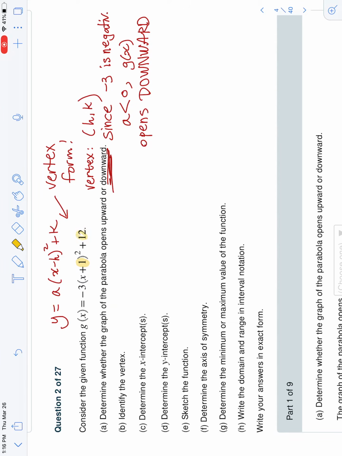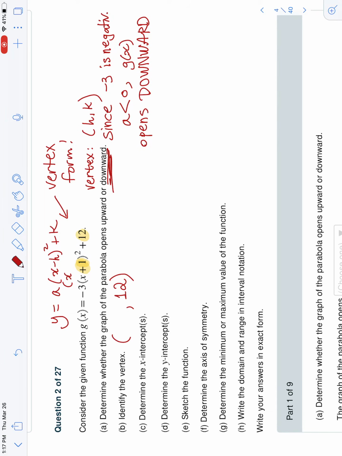Okay, take a look. I'm highlighting the h and k. h is 1, and k is 12. No, I'm saying this wrong. Remember that you have to use the opposite sign when you find the x coordinate. We talked about this in class a long time ago, so hopefully you still remember this.